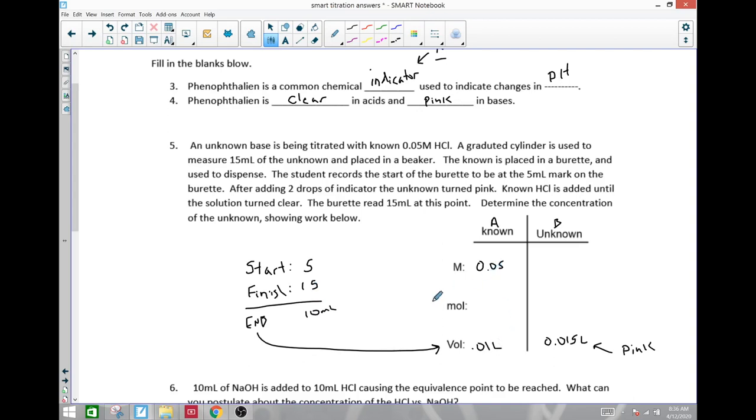All right, so solve it out for the moles. Let's do that. 0.05 times 0.01 is 0.0005.